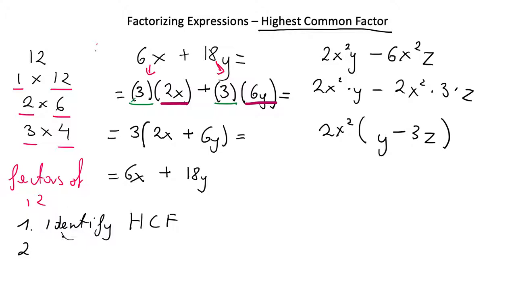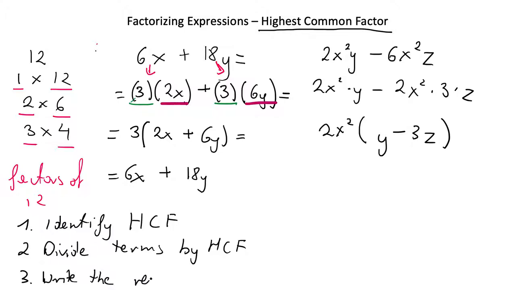The way to understand this, it would be useful for you to practice this a little bit, and then you'll understand that step, taking the highest common factor out. So I'm just going to say that we have to divide terms by the HCF, and then write the result with the HCF out of the bracket.